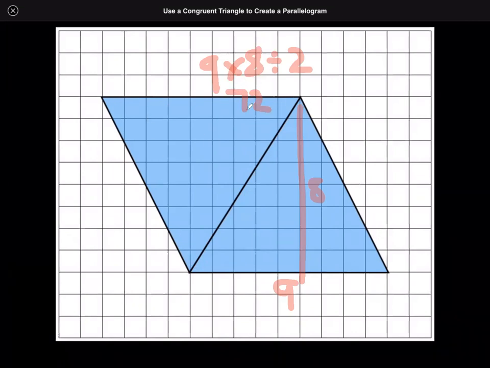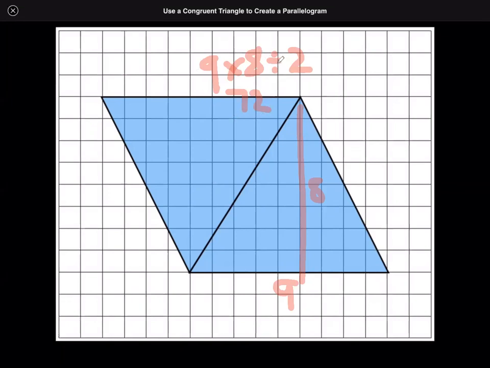This whole thing here with both the triangles is a parallelogram. So 9 times 8 is 72. Yes, there are 72 whole squares here. But because I had to create that second triangle to make the parallelogram, I need to now divide by 2 or by half, because in reality, the triangle that I started with is only half the total of the area found using the parallelogram formula of base times height.